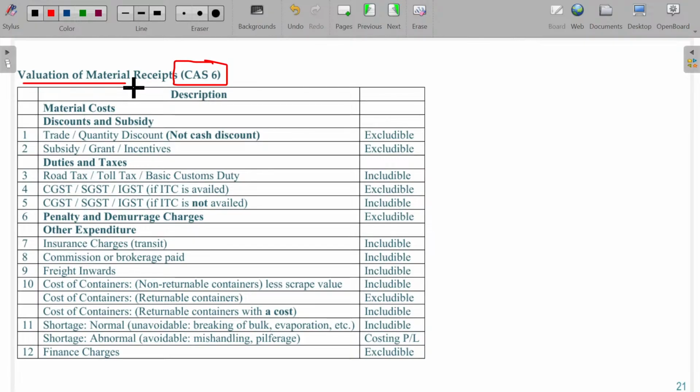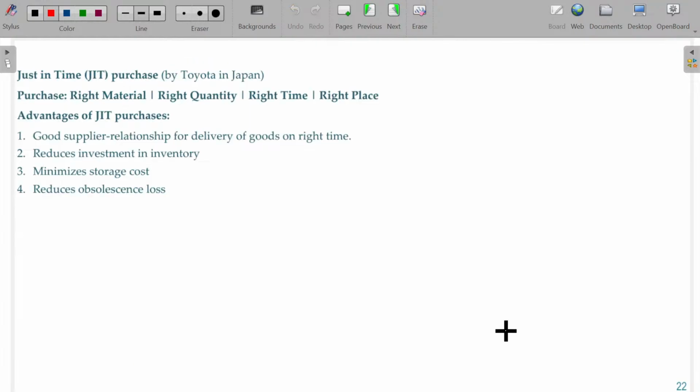If you have the overview of this, at least 4 marks you'll be getting. What CAS 4 says and 5 says, small 2 or 3 points you need to remember in your examination, right? So material cost and trade quantity discount excludable. The format I have given, you can have a small view about that. Already we have studied, no? So it's very simple.